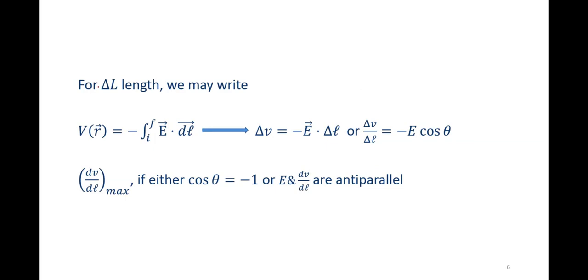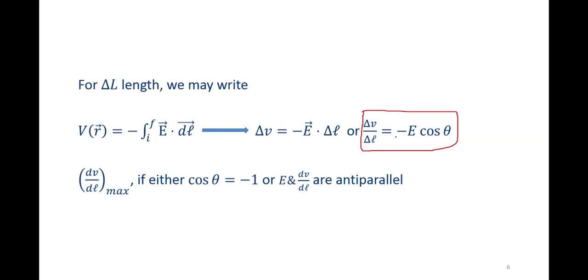For the incremental length delta L, we may write the integral form of the potential relation in incremental form: delta V equals minus E dot delta L, or we can write this equation in this form, that is delta V divided by delta L is equal to minus E cosine theta.